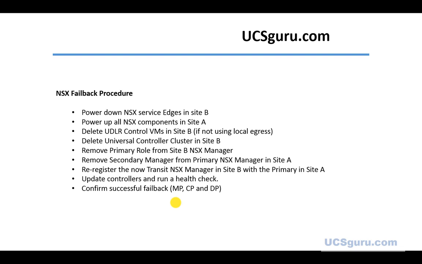And then we'll do a little bit of a cleanup. We will also have to delete the control VM over in Site B, and currently we'll need to do a REST call for that. But again, we'll get to that bit when we're actually doing the actual failover.